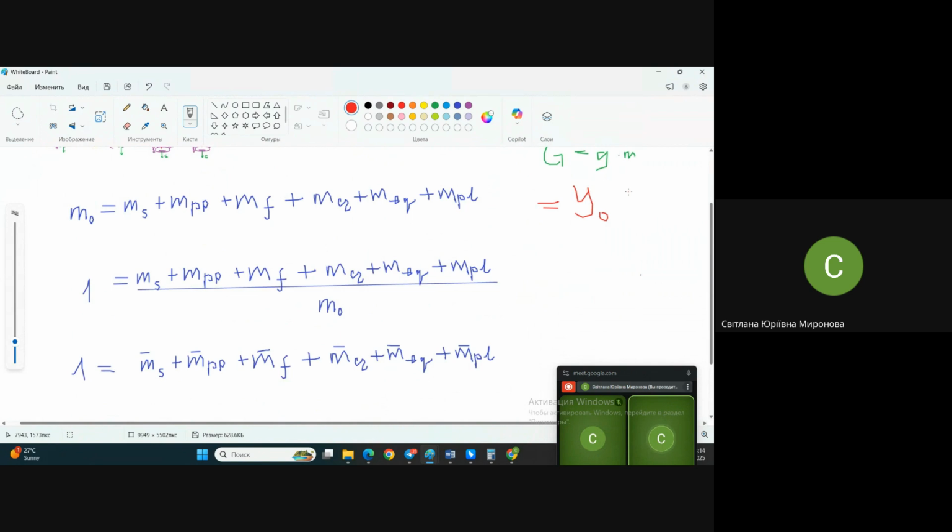And the area of the wing, we do remember, it depends on what? It depends on the lift and the speed that is already known.